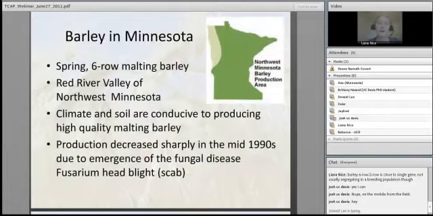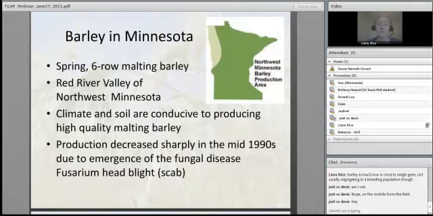In Minnesota, barley is primarily grown in the northwestern region of the state, and it's primarily spring 6-row malting barley. This area is pretty conducive to high-quality malting barley.